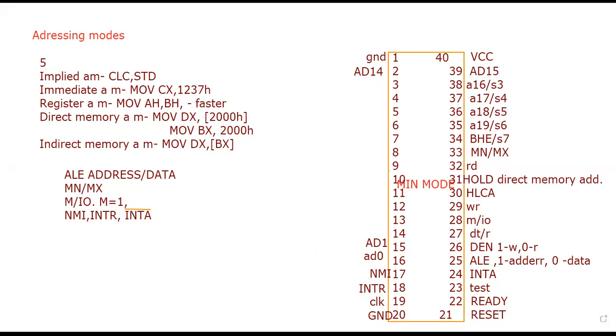Should we finish it or not? Almost everything is given, but if you want to write, you can write this kind of short notes, so you can easily recall the points.